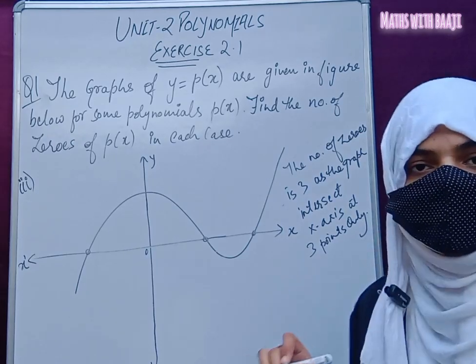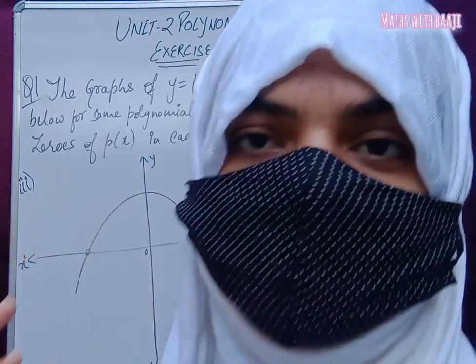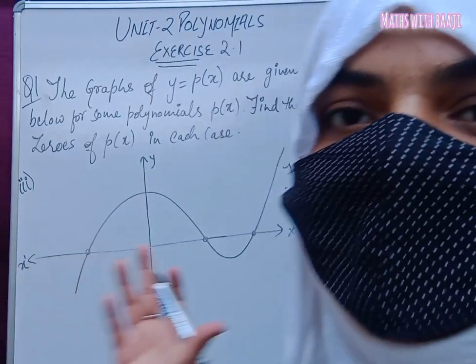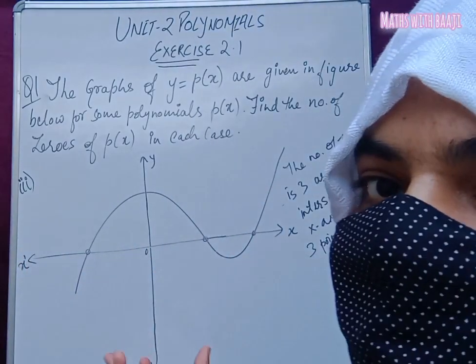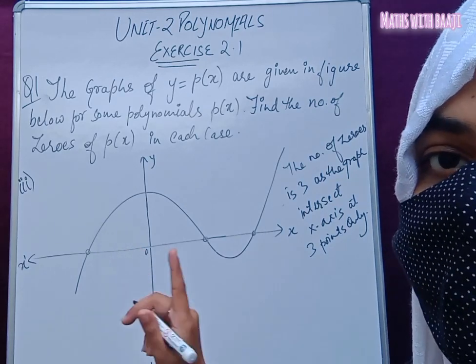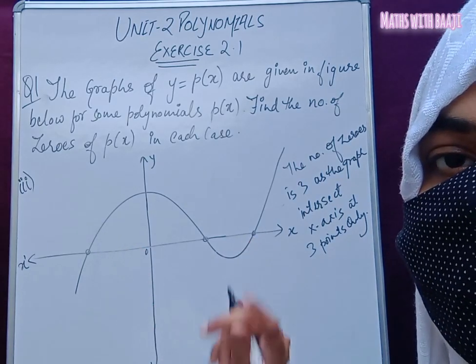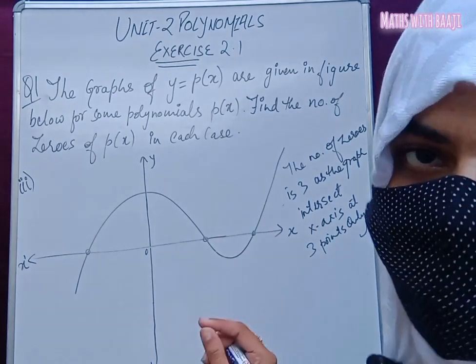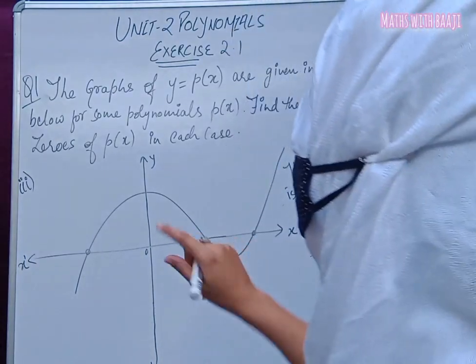Okay, so how many times did it intersect? 3 times. Position doesn't matter. So the number of zeros is 3 as the graph intersects the x-axis at 3 points. So you can see 1, 2 and this is 3. Okay, the finger position may shift a little, so don't worry about that. This is our part 3.